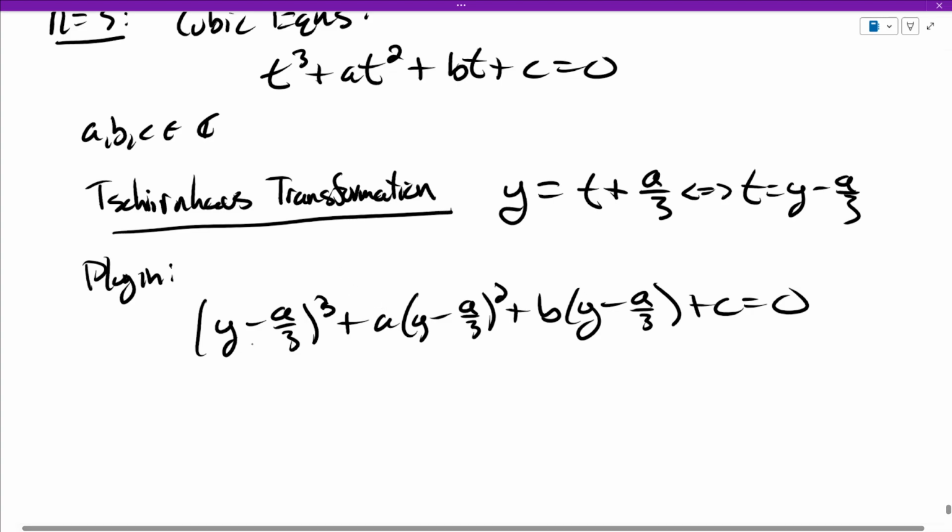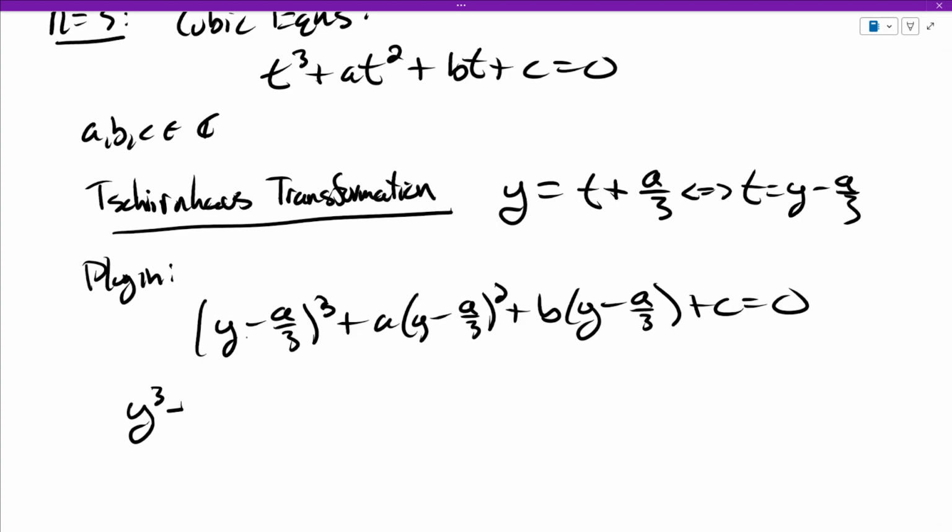All right, so y minus a over 3, cubed, is y cubed minus 3 times y squared times the next one, and it's minus because there's a minus there, but there's already a over 3, so this is going to be y squared a, and then plus 3 times y times this squared. So that's going to add another a, 1/3 is going to remain, and then minus a over 3 cubed, so that's minus a cubed over 27.